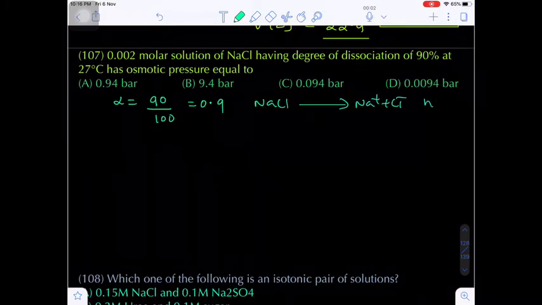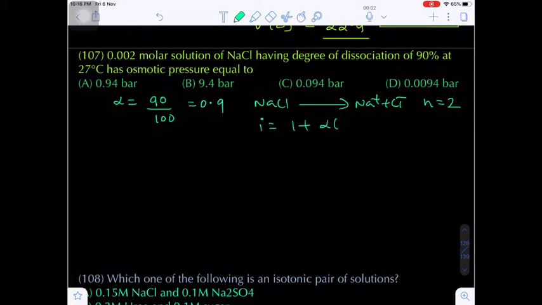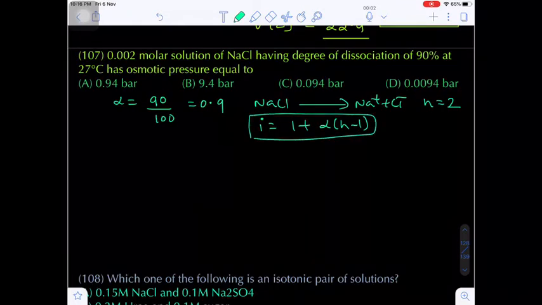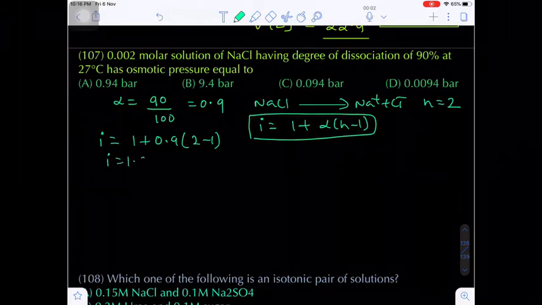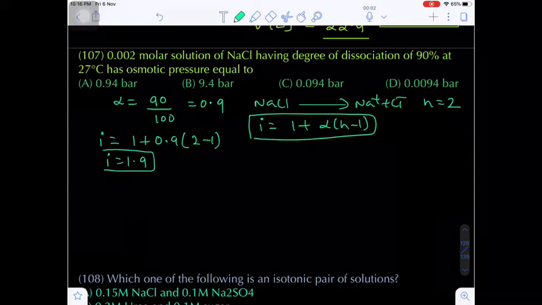That means how many ions are produced? 2. So what is the Van 't Hoff factor iota? It is 1 plus alpha into (n minus 1). We know the relation between degree of dissociation alpha and Van 't Hoff factor i. Now iota equals 1 plus 0.9 into (2 minus 1), that is 0.9 plus 1, 1.9. So the iota value is 1.9.